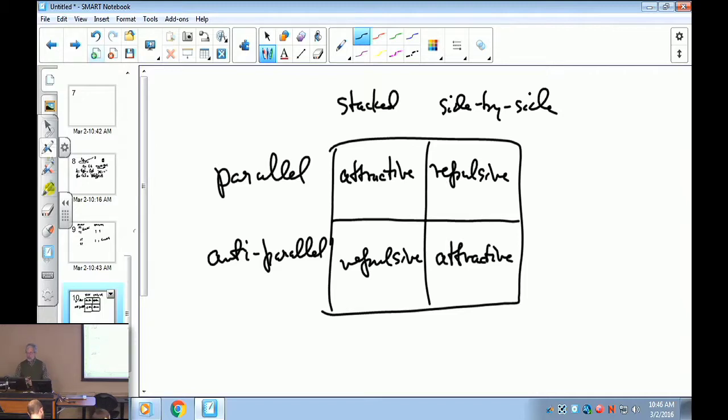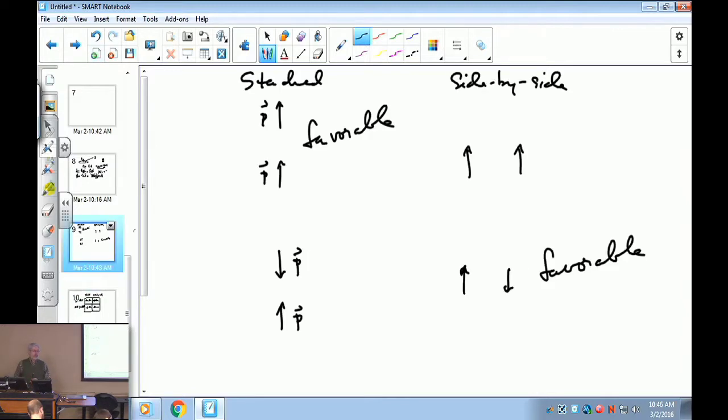Now, the same would be true if these were magnetic dipoles. And you know this probably from playing with magnets. If we put magnetic dipoles like this, then I have in the upper left configuration where they're stacked and they're in the same direction, the south pole of one magnet closer to the north pole of the other magnet, so that's attractive.